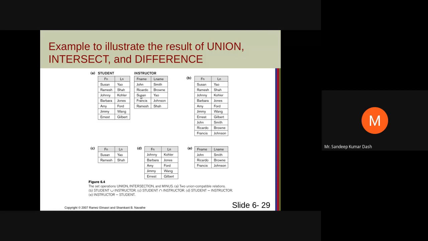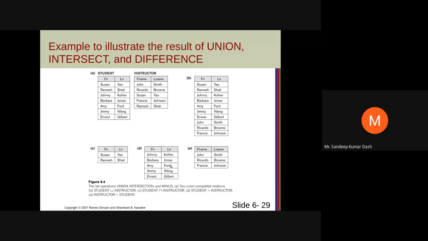Susan and Ramesh Shah were common, so these two will be eliminated. The rest, Johnny, Barbara, Ami, Jimmy, Ernest, will be here. So in intersection, whatever was common is displayed, but in difference, the common rows are eliminated and only the data from the first table is shown.